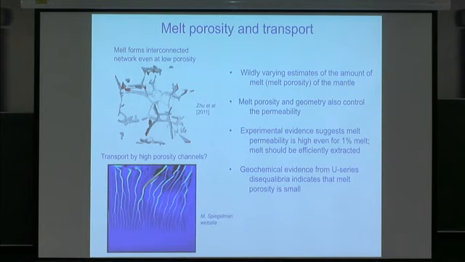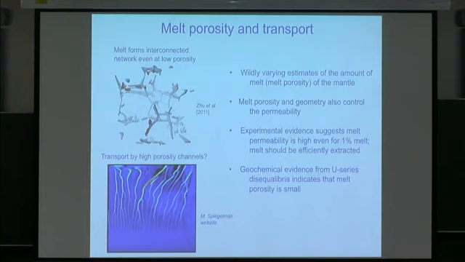I think Rich mentioned some of this in his introduction, but experimental evidence from what melt geometries actually look like, from Wenlu Zhu's group, and this is one of these images, suggests melt permeability should be very high, even for a very small melt porosity. That suggests that melt should be efficiently extracted from the upper mantle.